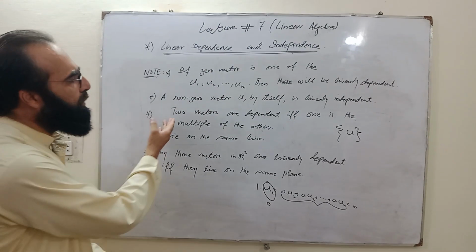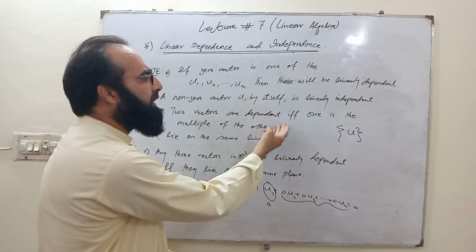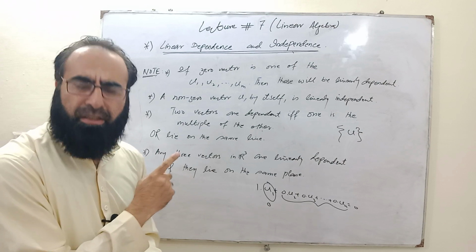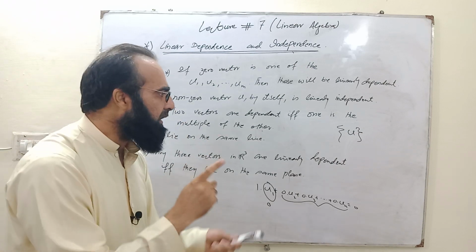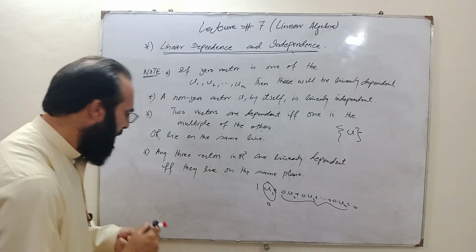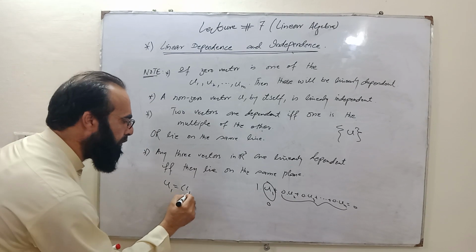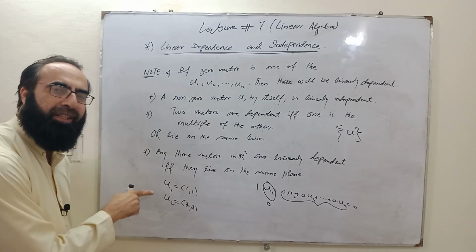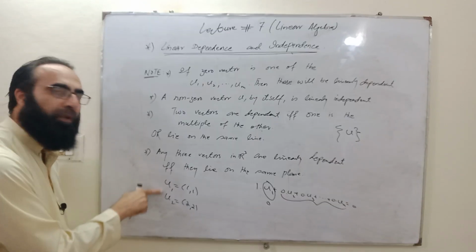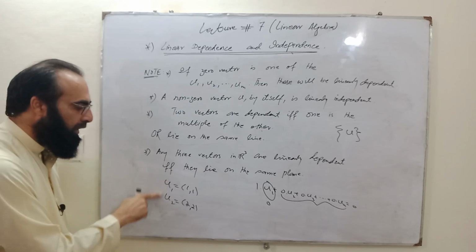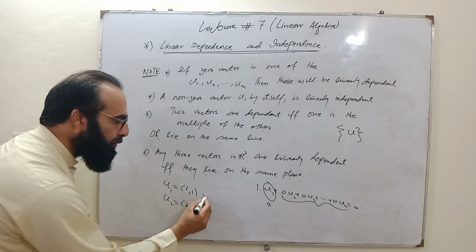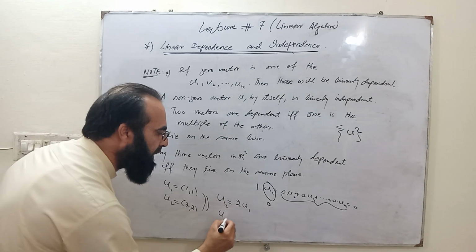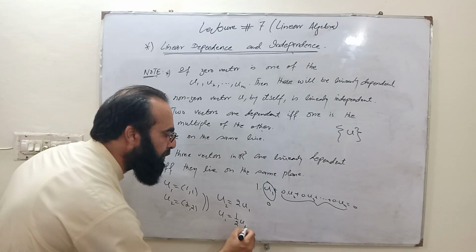In the third, two vectors are linearly dependent if and only if they are multiples of each other. In the start, in the definition, we actually used two vectors: u1 was (1, 1) and u2 was (2, 2), and we discussed there that these two vectors are linearly dependent. Look at these two vectors. From these we can write u2 is equal to 2 times u1 and u1 is equal to 1 over 2 times u2.